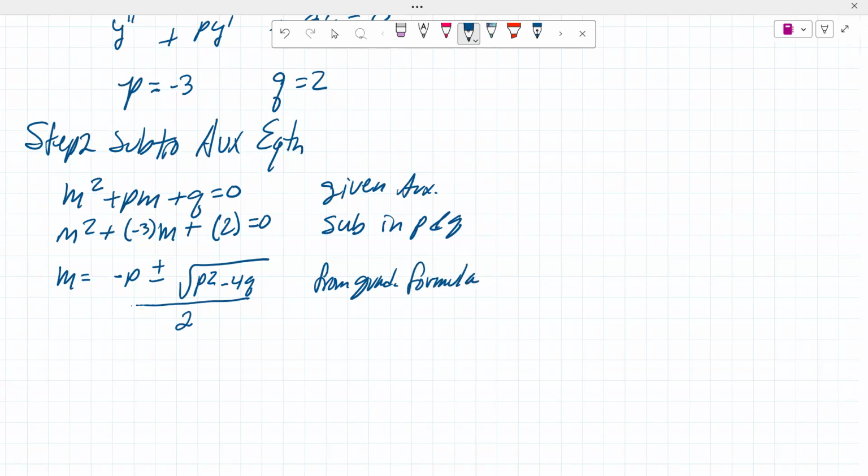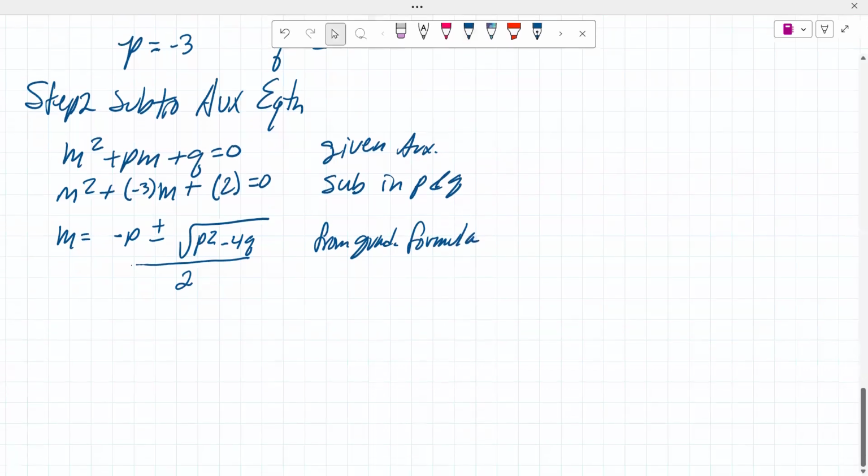And then we just substitute in, all right? So now we get m equals negative p, right? Negative of -3 is going to be positive 3, plus or minus the square root of p squared.